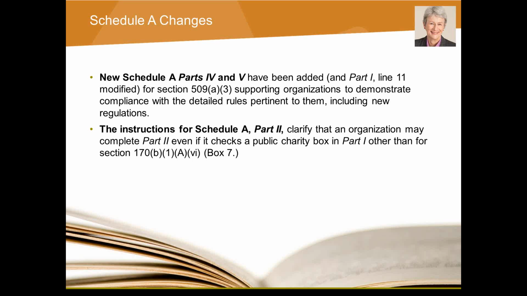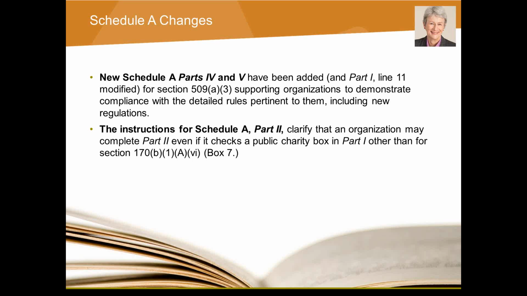One clarification that they have offered for the public support test is if you can sort of envision page 1 of the Schedule A, there's a number of boxes there, and the organization checks the box that corresponds to the reason why it is not a private foundation. Those boxes have generally, in the minds of practitioners and organizations, corresponded to a particular part of the public support test.